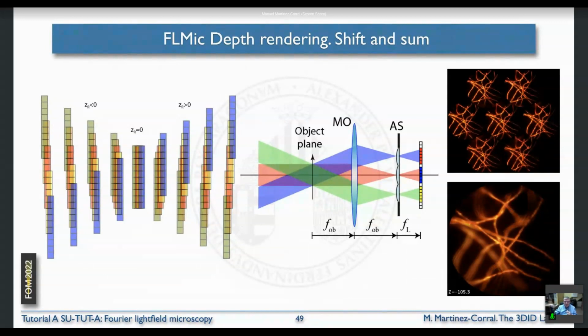For example, if one elemental image is, let's say, 300 pixels, you can computationally resize it to 600, and then you will have double the planes. So a more dense depth reconstruction, but the reconstruction time will be bigger.